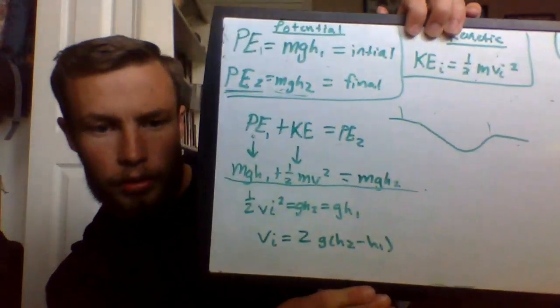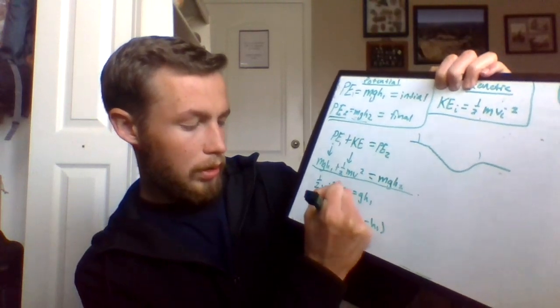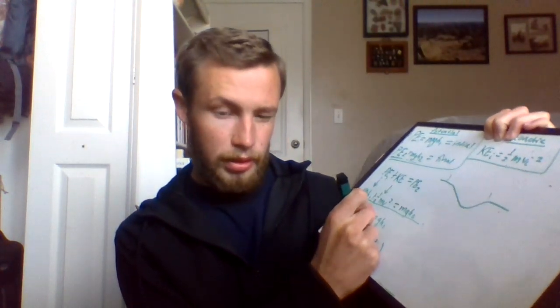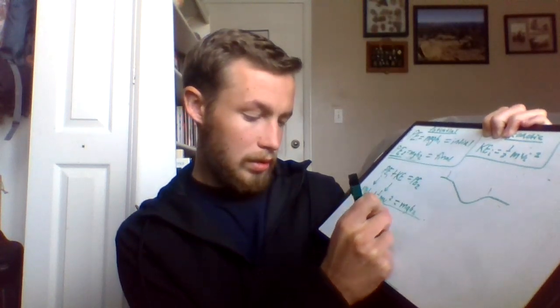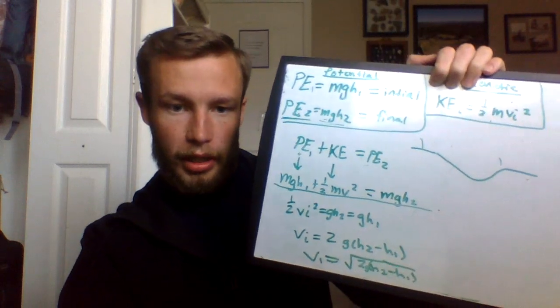And then from that we can just do the calculations, which is 2g(h2 minus h1). And then the velocity is going to equal the square root of 2g times the difference of the two heights.